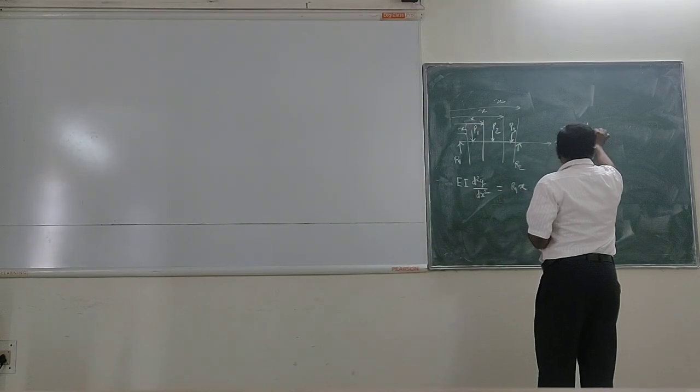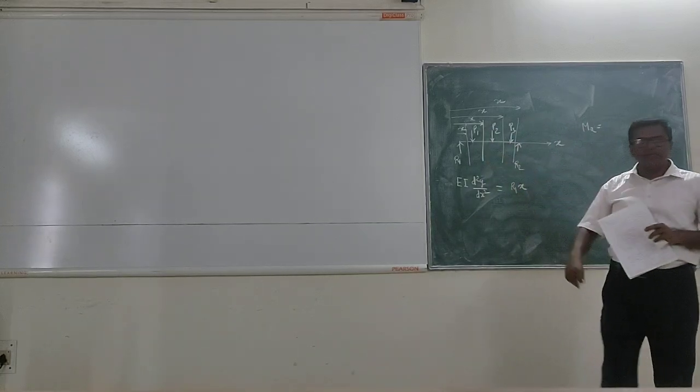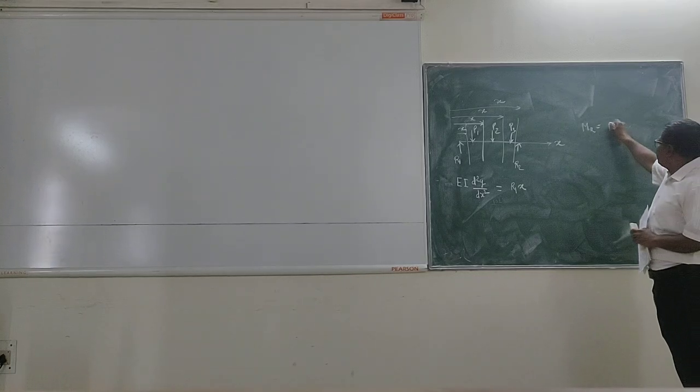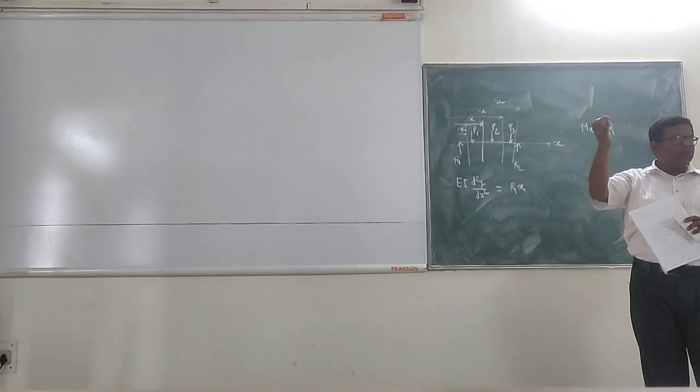First you tell me what will be the Mx at this section if my x is over here. You have learned bending moment theory, so you should be able to tell.